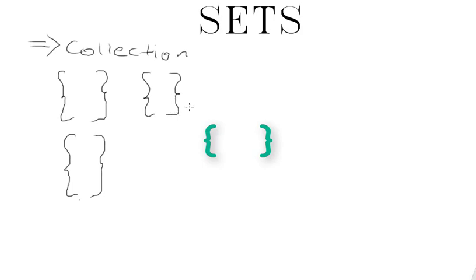So curly brackets simply indicate the beginning of a set and the ending of the set. So you've got one which is showing that this set begins at this point, and then we've got this other one which is showing that this set ends at this point.